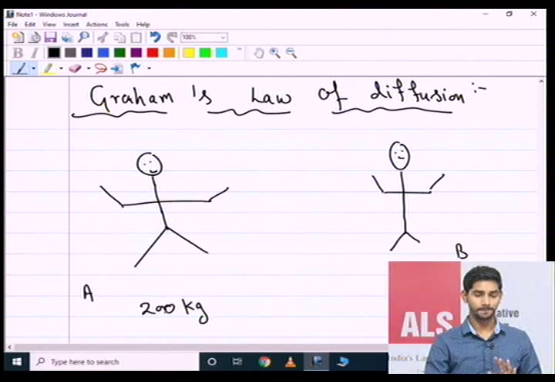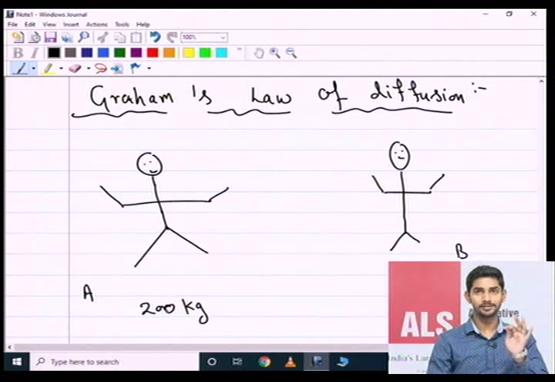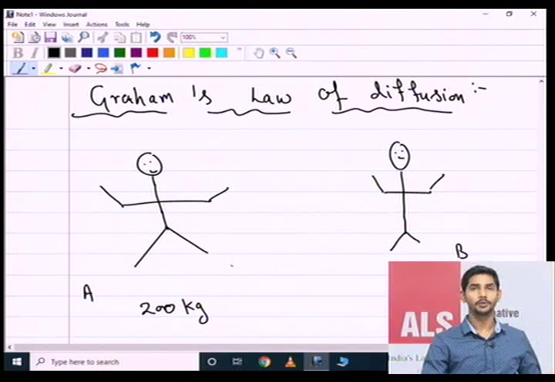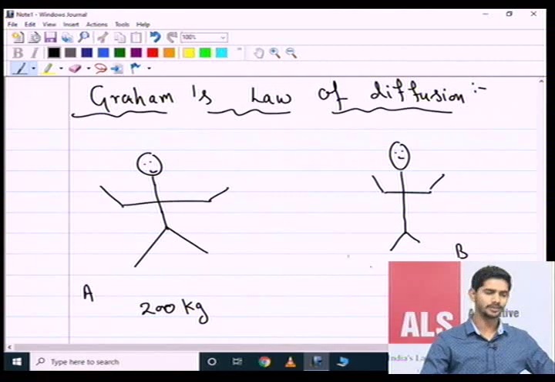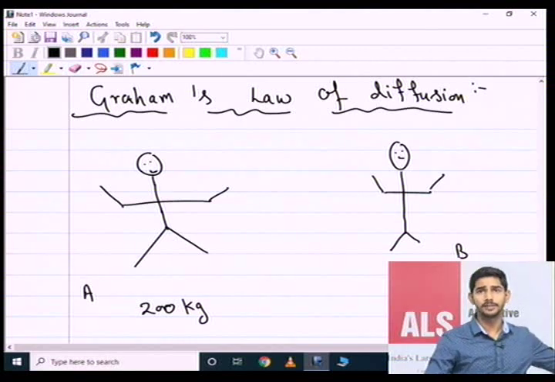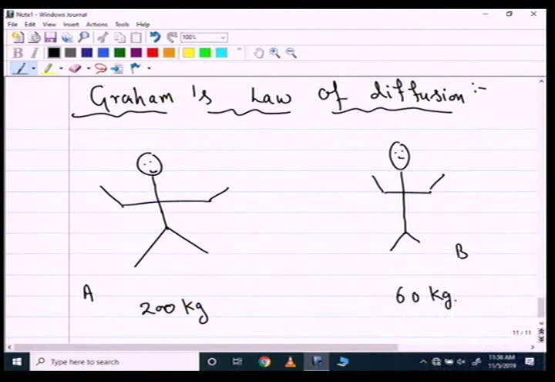Don't take it personally, this is generalized only. I'm not saying this is true, but you can relate. And there is another person whose weight is, let's say, 60 kg. Both are in the same age group, let's say 30 years old. Tell me, which person can run faster? Person A or person B?